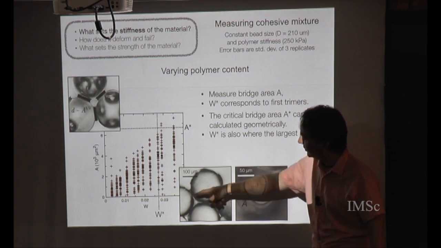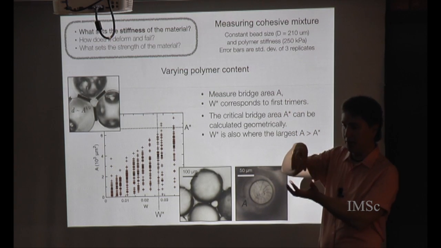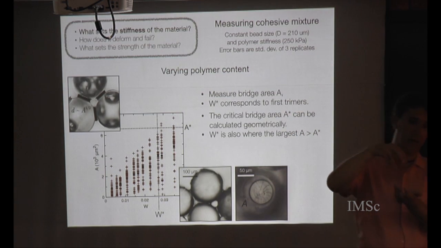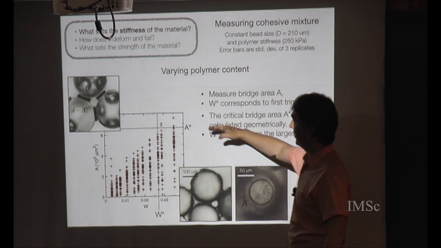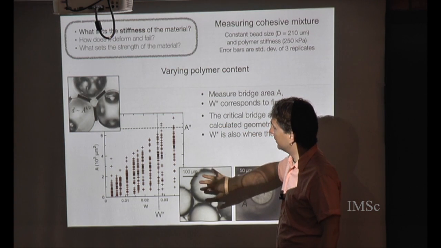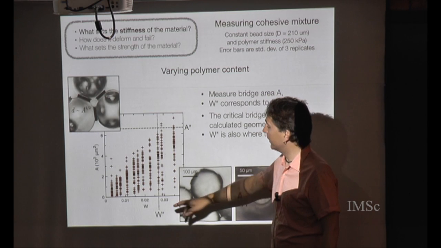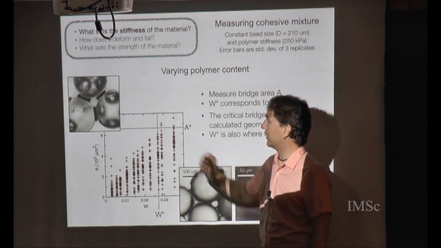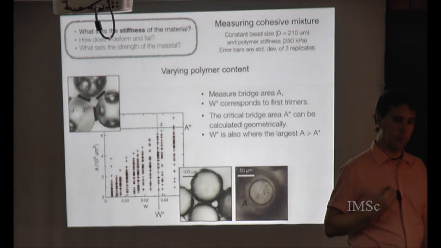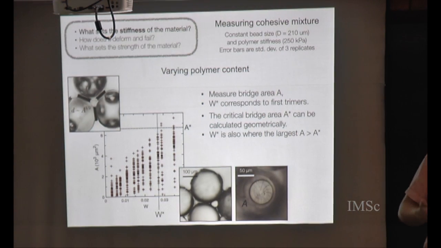You can calculate, based on a tetrahedral arrangement of beads, or a close packing arrangement of beads, geometrically the amount of fluid you can add in before they start contacting each other. And that's this A star. So we find that the pendular to funicular transition occurs basically exactly where the first bridges become large enough to touch each other.